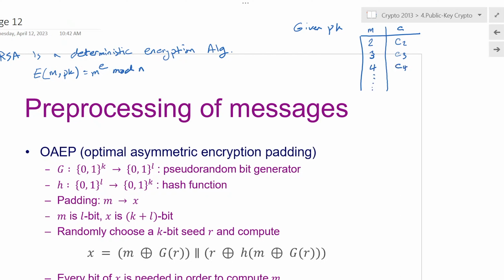Once I have pre-computed this table, when somebody sends a message to this user under this public key, I do a table lookup. If any of those ciphertexts match, then I know the corresponding message for that ciphertext. So that is a big problem.